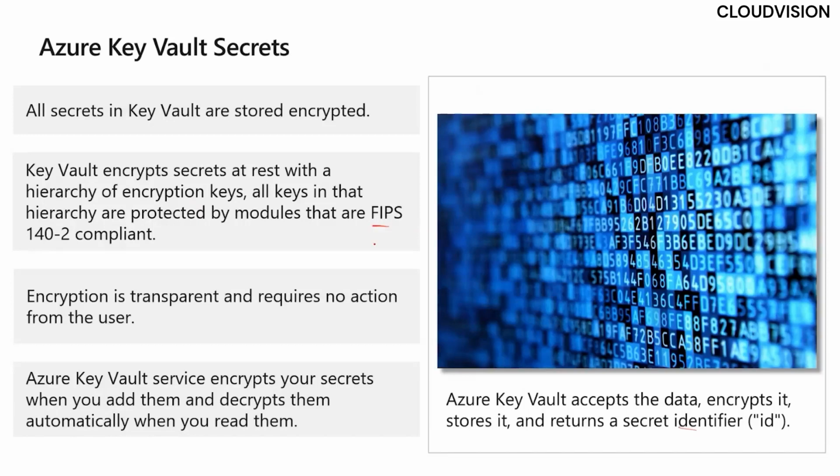When it comes to secrets, that doesn't require any action from the user side. Because whenever the key vault service encrypts your secret when you add them, and you decrypt them, it automatically lets you read them. That means there is no particular action required from the user side.